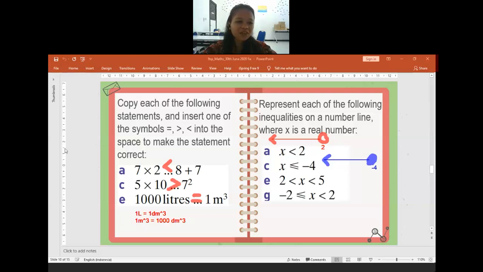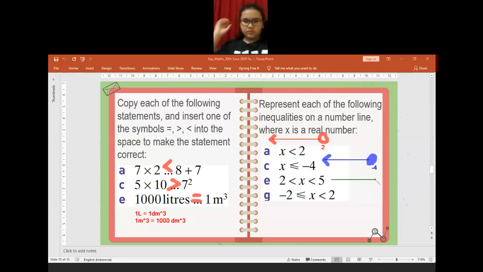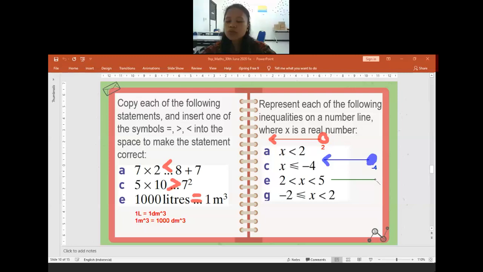No. Okay. If no one is confused, I will move to question E. Teacher, we don't have to write like the one in A, like 1 and then 0 after 2? If you want to write it, it's okay, but it's not compulsory. Just do like this is okay. If you want to do like in the textbook, also okay.